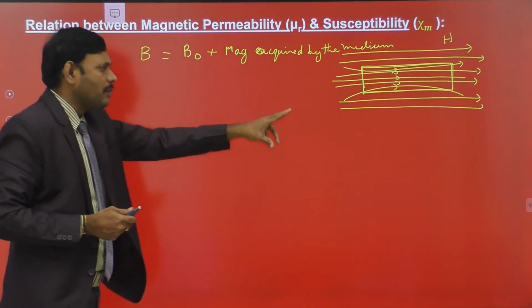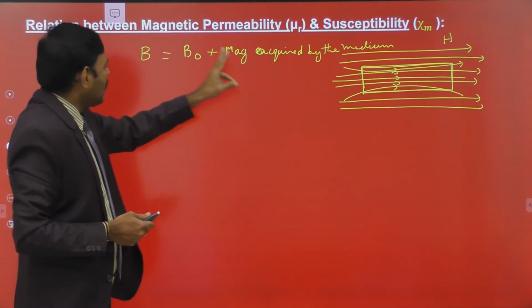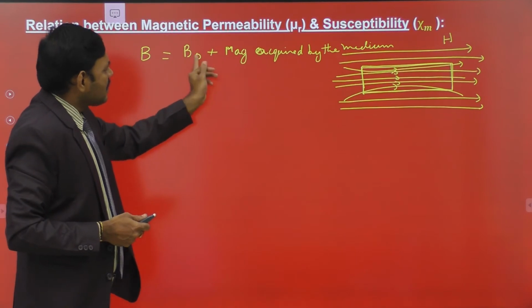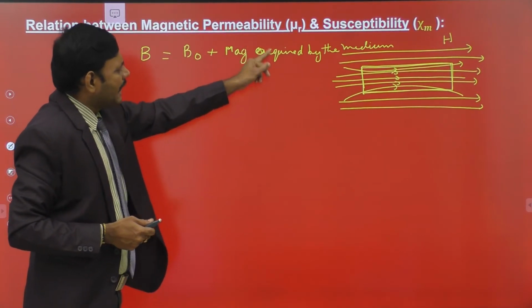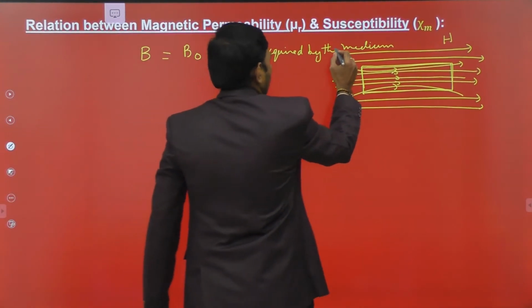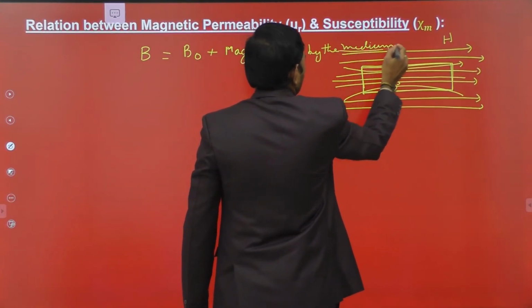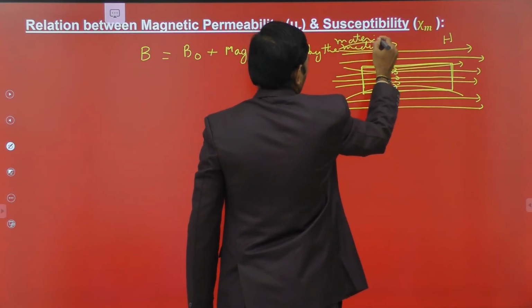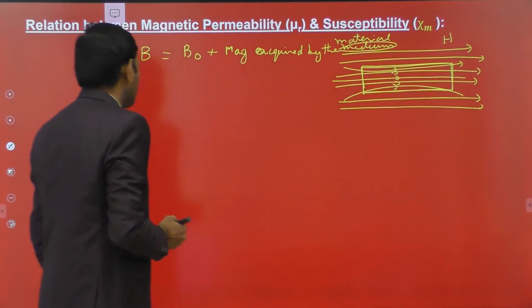Then the net magnetic field present in that material is the sum of the magnetic field present in the space and the magnetic field acquired by the material.